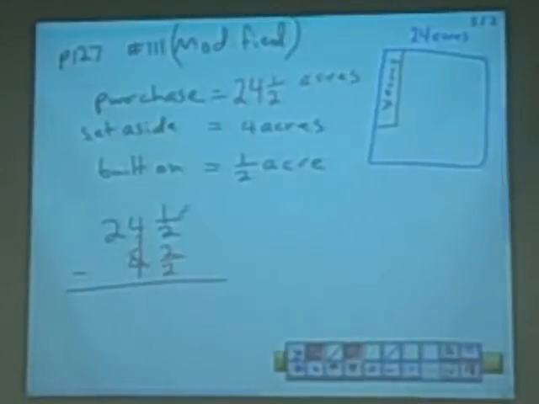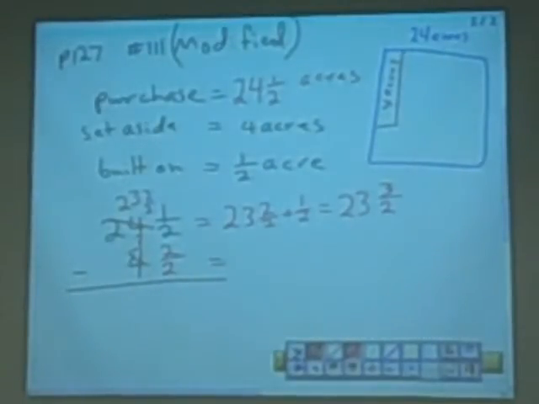But here we have 24, so that means we have to borrow a 1 from the 24, make that 23. And so that makes it 23 and 2/2 plus 1/2, which is going to equal 23 and 3/2.